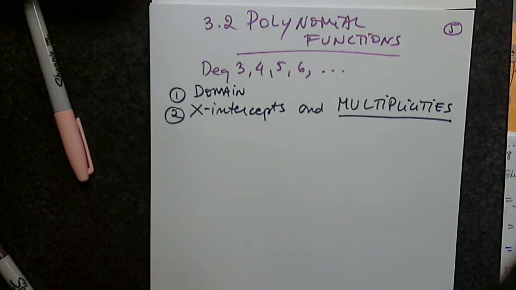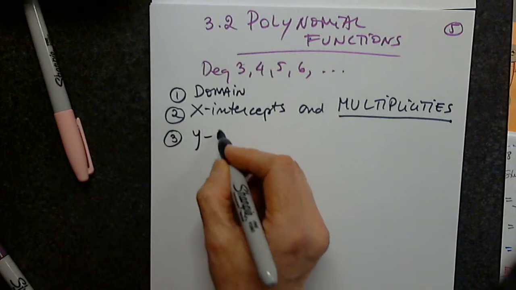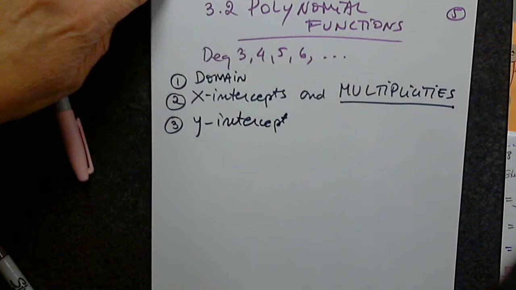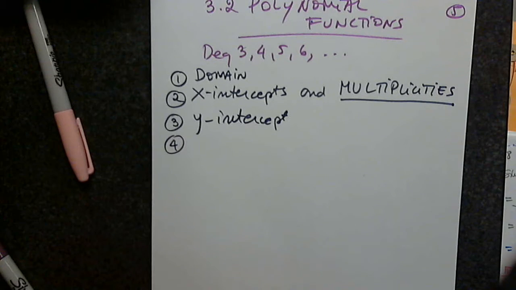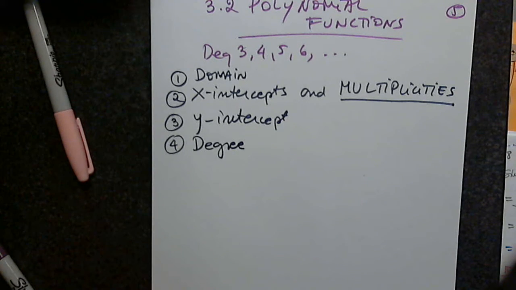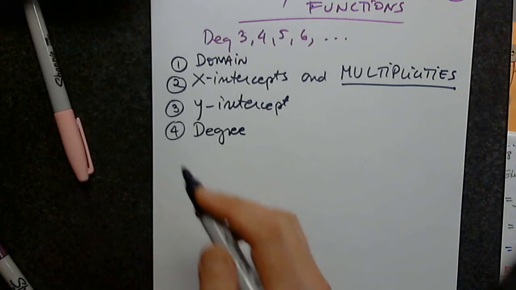X-intercepts and multiplicities, plural. Number 3, y-intercept. Number 4, degree. This is not the specific order we're going to look at, but I'm going to list all of them.